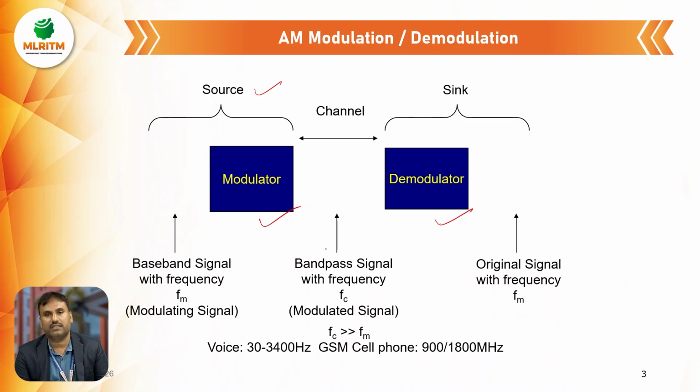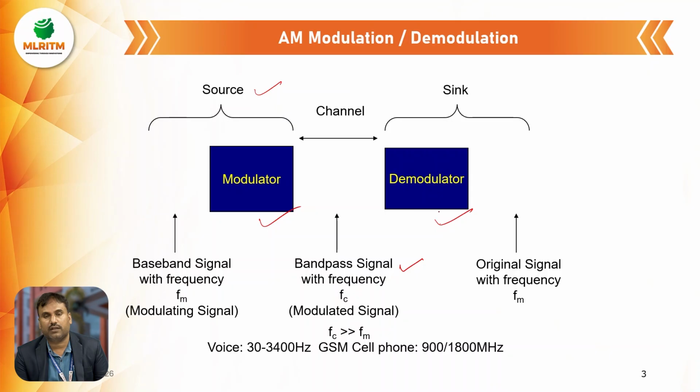We transmit this high frequency signal to the channel, and that signal is said to be a bandpass signal with carrier frequency fc, also called the modulated signal. So before modulation, the signal is the baseband or modulating signal, and after modulation, it is the bandpass or modulated signal.